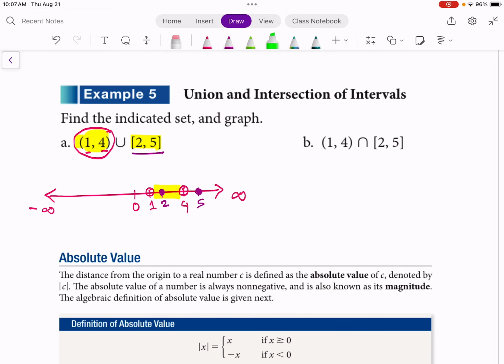Now, what part do we set? So this set includes every number which is greater than or equal to 2 and less than or equal to 5. And that is from 2 to 5.